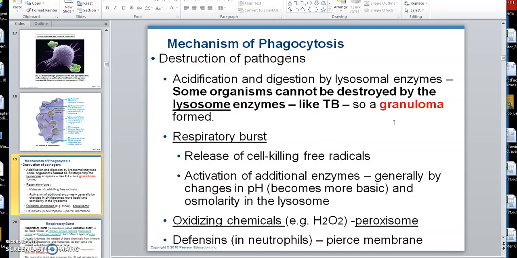Several defensemen try to bring him down, but the running back is so strong that the first one grabs on and is being dragged down the field. The second, the third, the fourth, the fifth, all of them are surrounding him, but they can't bring him down. And so that's a granuloma. It's where a bunch of white blood cells surround the microorganism, and the microorganism is right in the middle, but it is still living and able to do damage.